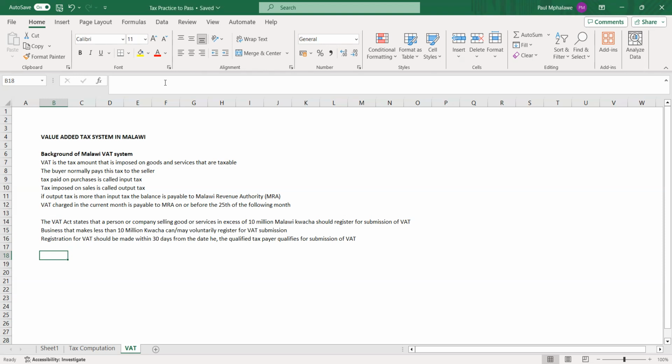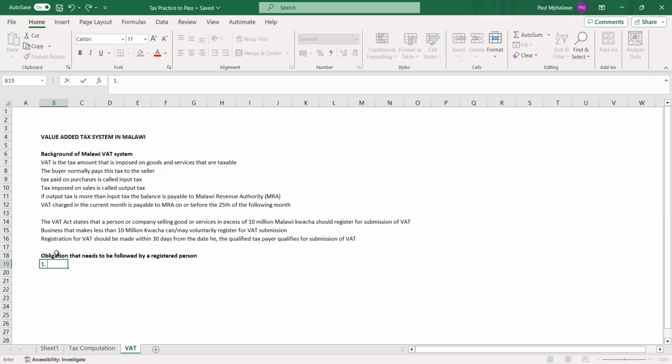So there are obligations that need to be followed by a registered person. Okay, it's a mandate to follow such obligations if you are a registered taxpayer.